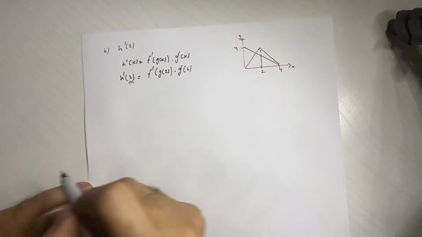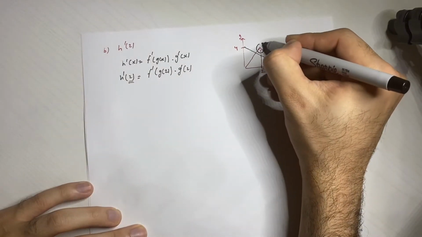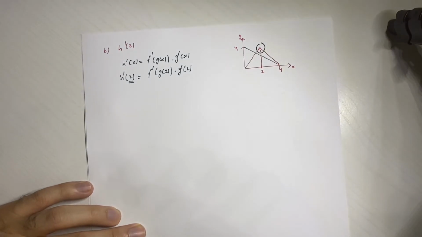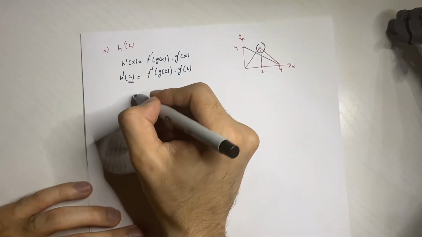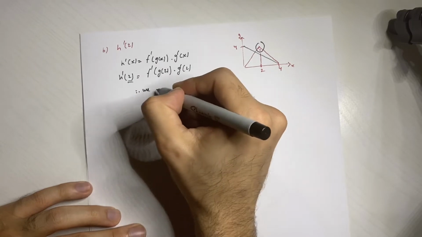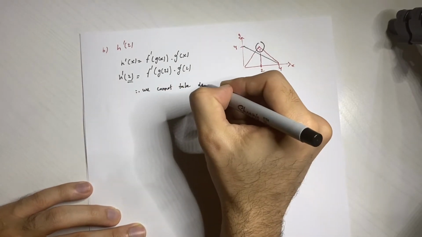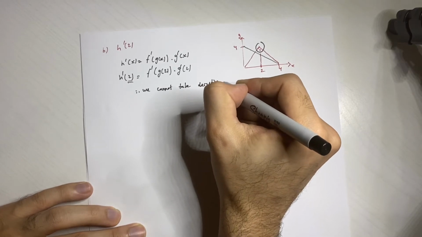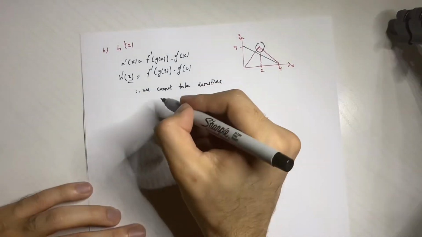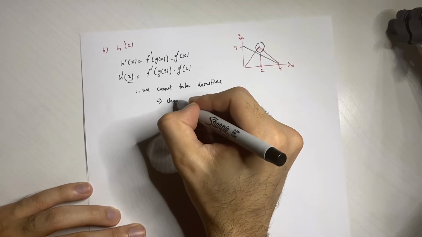But here what we notice is that the function f of x at x equal to 2 has a sharp corner. When we have a sharp corner, it means it's not differentiable at f of x. Therefore, we cannot use the chain rule.